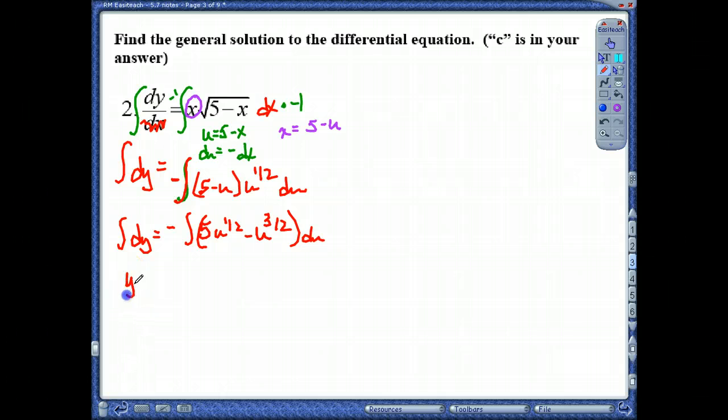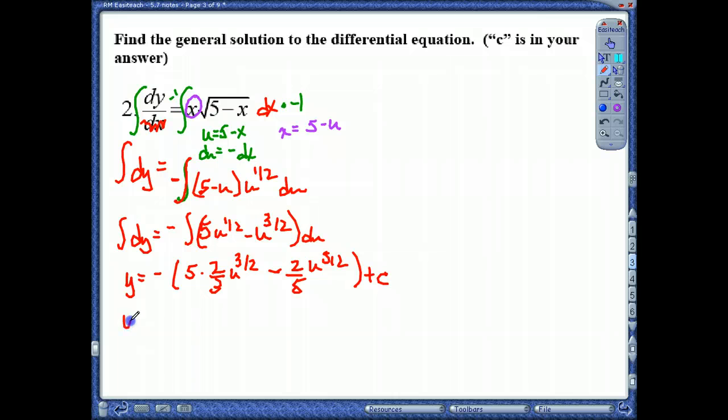The left side, nice and easy. The right side, not so bad. I'm going to be taking all the u's and adding 1 to the powers, dividing by that same amount. So that's going to be u to the 3/2 power times the reciprocal, minus u to the 5/2 power divided by 2/5, which is the same thing as multiplying by 2/5, plus c.